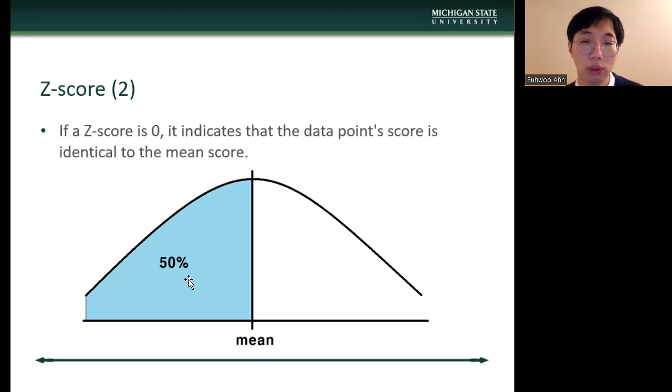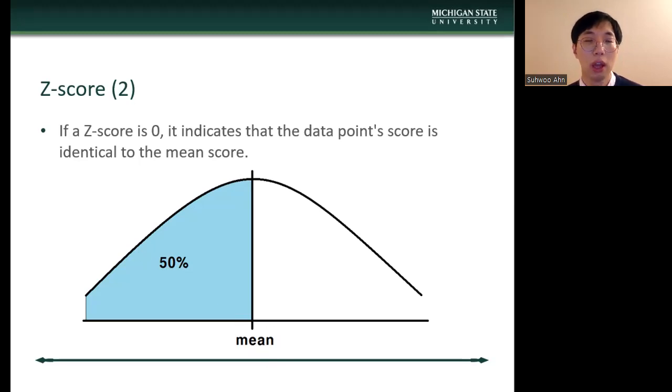Then 100 students, half of them, got below the mean, and half of the students got above the mean. So if the z-score is 0, we can say that approximately half of the cases, or 50 percent, fall below the mean, or below the z-score of 0.